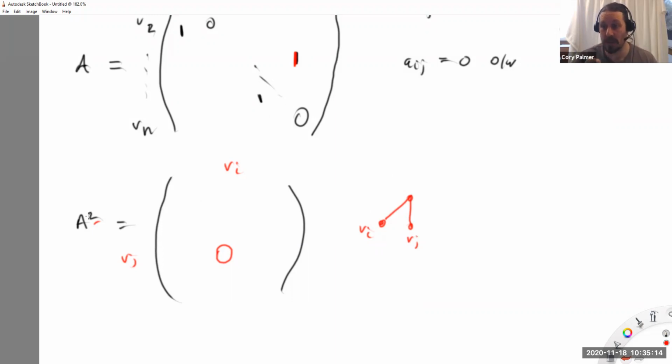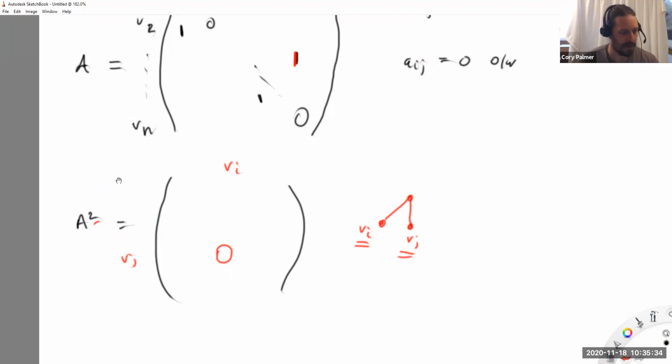Now walks, not paths, may repeat, and they may be cycles, for instance. But walks of length 2 can only look like a path. Walks of length 2 can't repeat unless vi equals vj, and then you go out and come back. That tells us something, and I'm going to use that information. Some of the proofs of this are different.